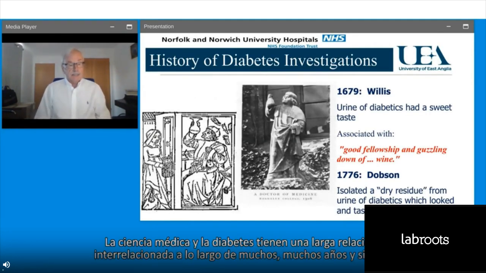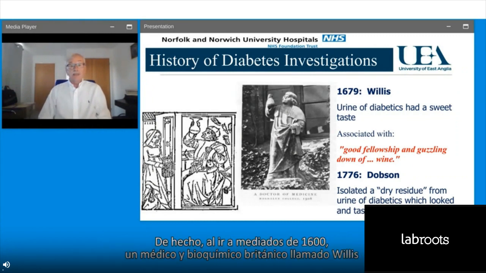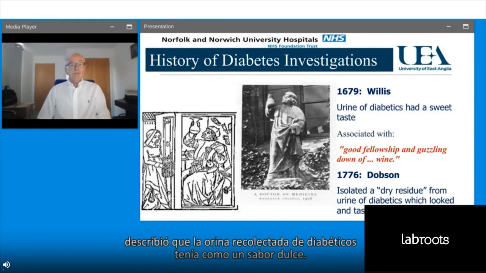Measurement science and diabetes have a long relationship, interlinked over many, many years and centuries. Indeed, going back to the middle of the 1600s, a British physician and biochemist called Willis described the urine collected from diabetics as having a sweet taste.